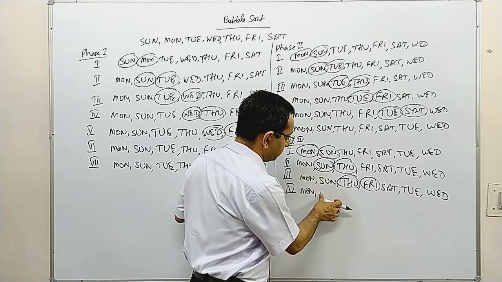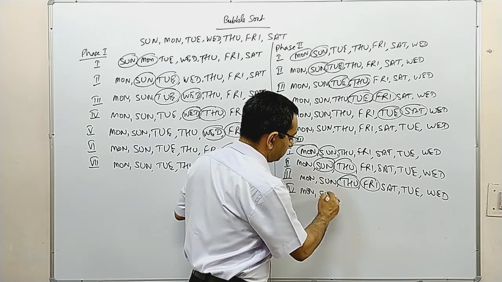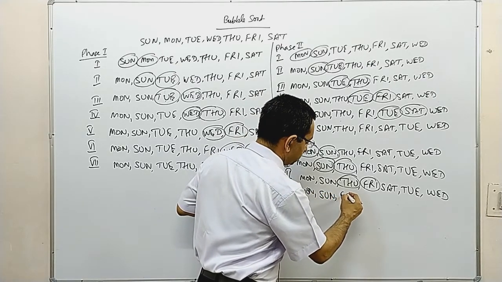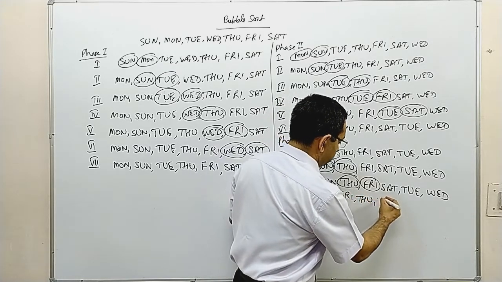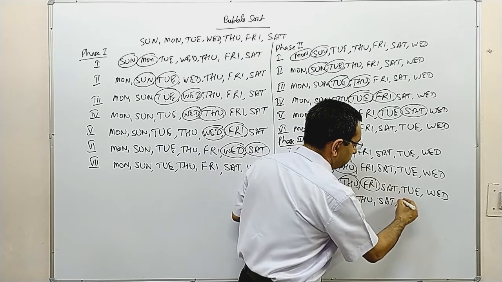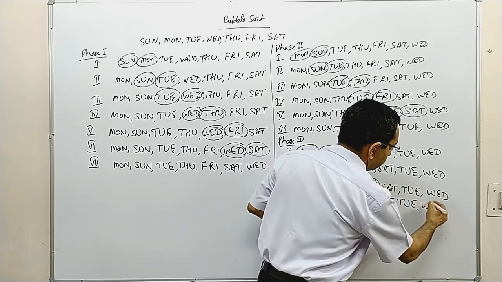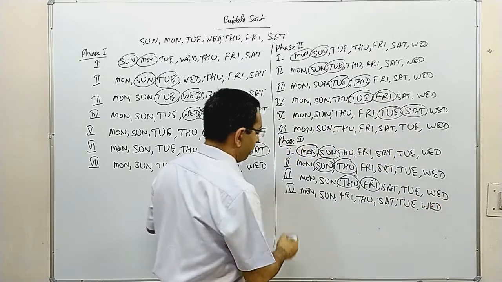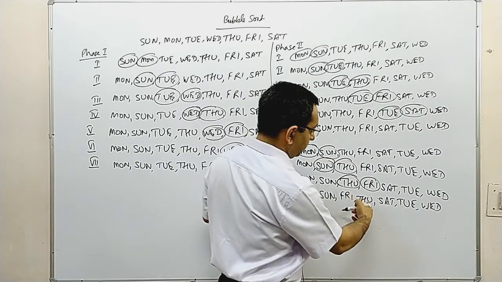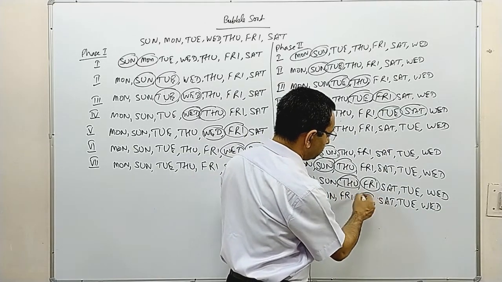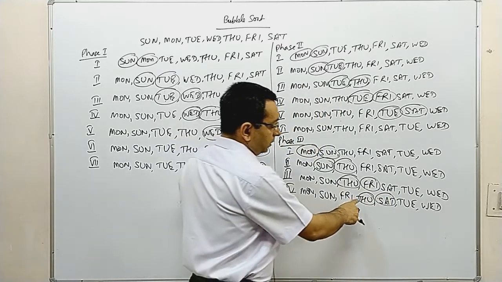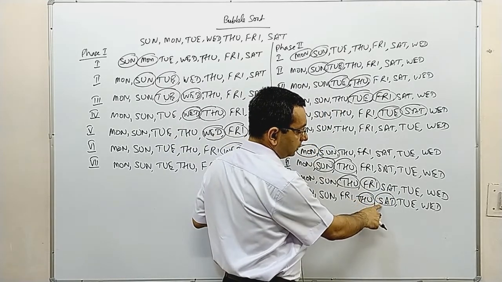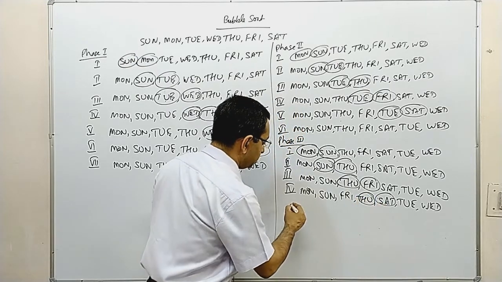Monday, Sunday, Friday, Thursday, Saturday, Tuesday, Wednesday. So now Thursday will be compared with Saturday. T comes after S, so it will be interchanged.